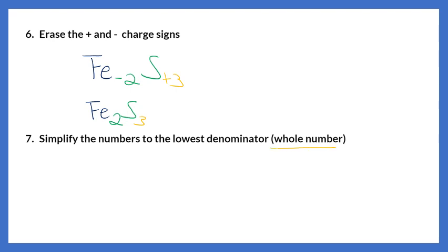We're looking for a whole number. 2 divided by 3 equals 0.6, which is not a whole number.